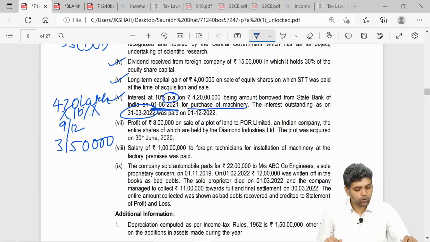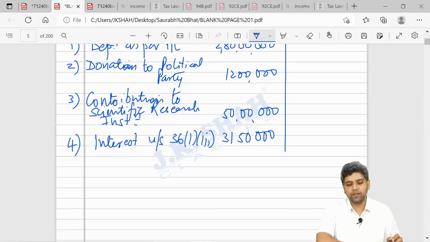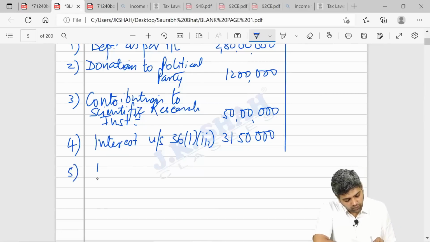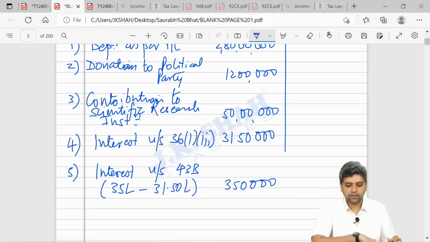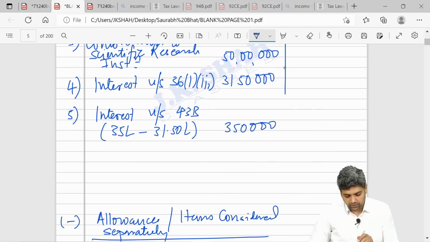So on 4 crore 20 lakhs which I borrowed, 10% interest for 10 months comes to 35 lakhs, out of which 31 lakh 50,000 I have already disallowed. So I will say interest under section 43B, the balance that I will disallow is 35 lakhs minus 31 lakh 50,000, that is 3 lakh 50,000. I hope that adjustment is clear to everyone.